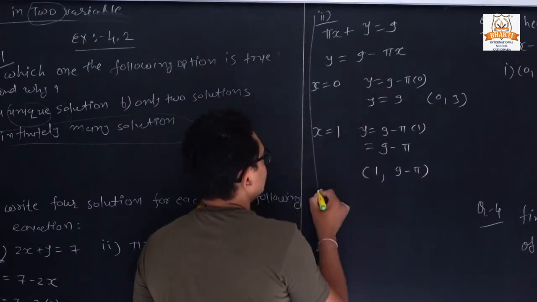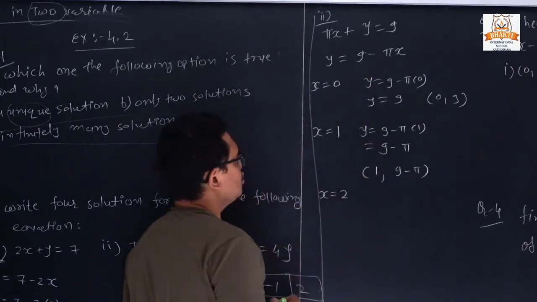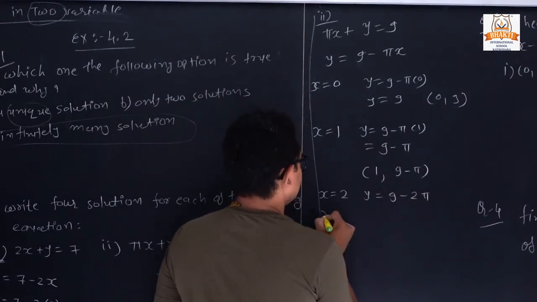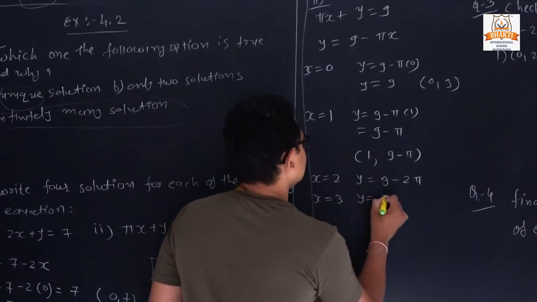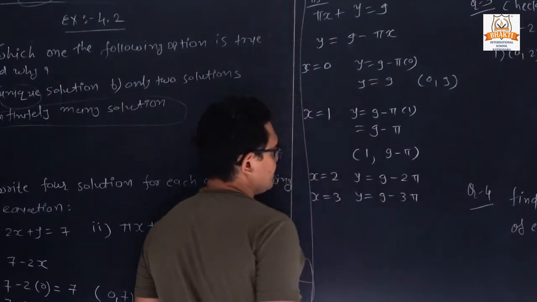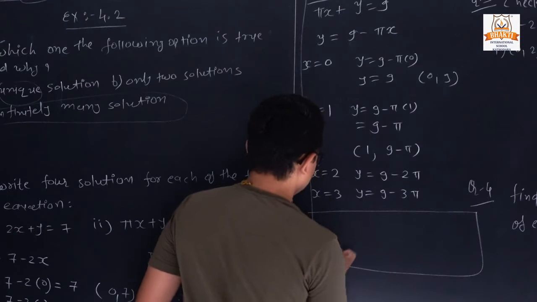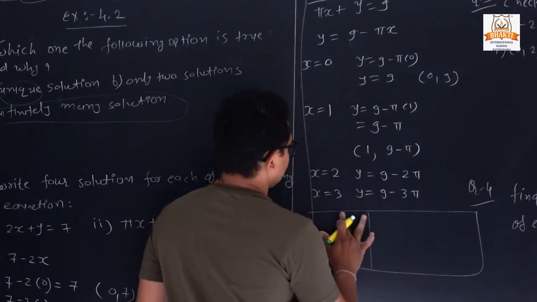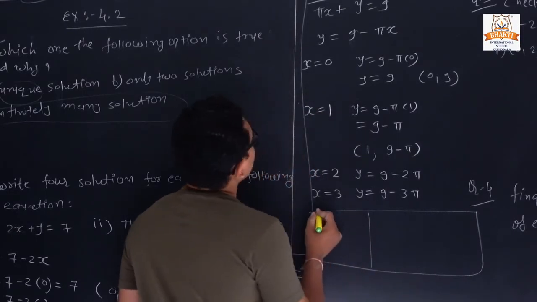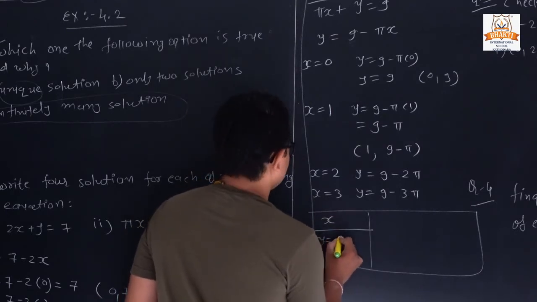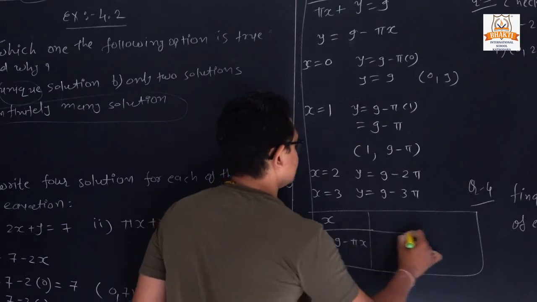Now third, if we put x is equal to 2, so y is equal to 9 minus 2 pi, and if we put x is equal to 3, so 9 minus 3 pi. So we can get the fourth solution. Once again we can make a chart. First of all, here we write x, and here y is equal to 9 minus pi x.